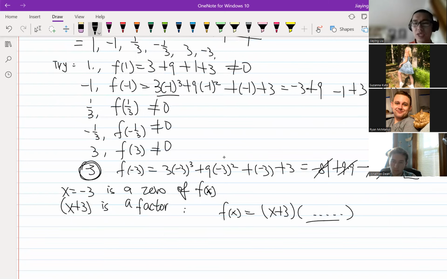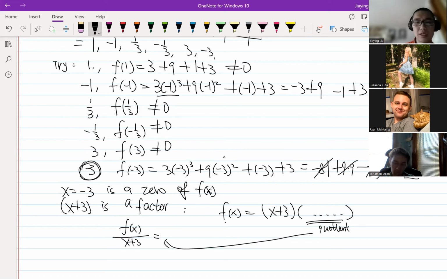This expression is actually f of x divided by x plus 3. Let's call this the quotient. This quotient is equal to f of x divided by x plus 3, which is this factor right here. And we need to find it.